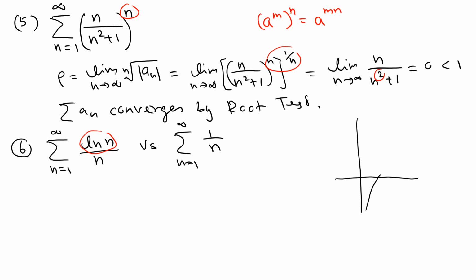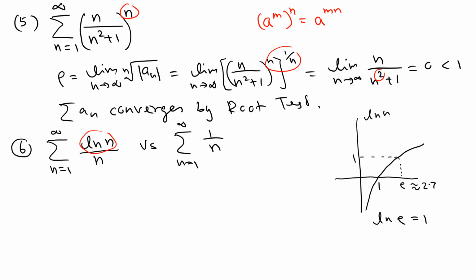The ln function passes through 1, and at e it is exactly equal to 1, because we know that ln e equals 1. e is roughly 2.7, so that means it is less than 3.